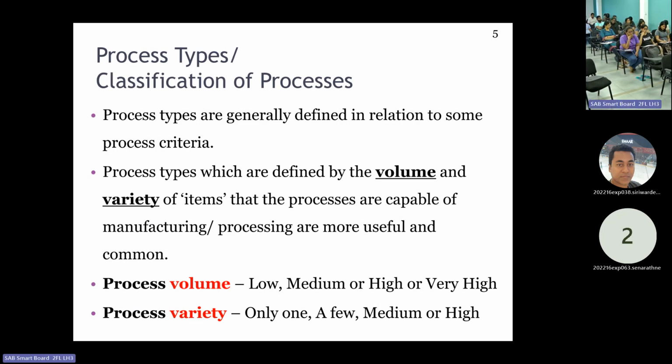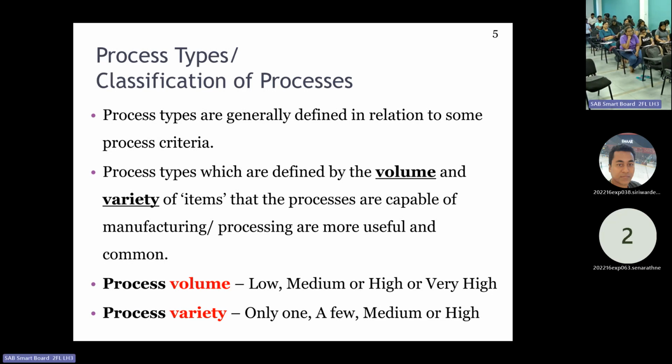The second criterion that we use here is process variety. That simply means how many different types of products or services we can produce. Some processes are capable of producing only one type of product, no varieties, only one.